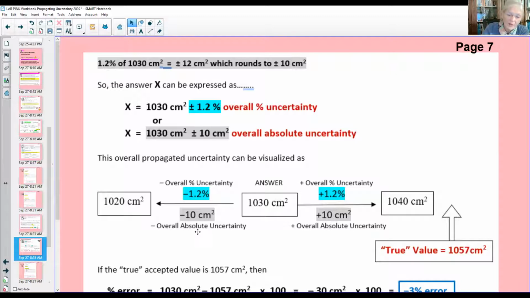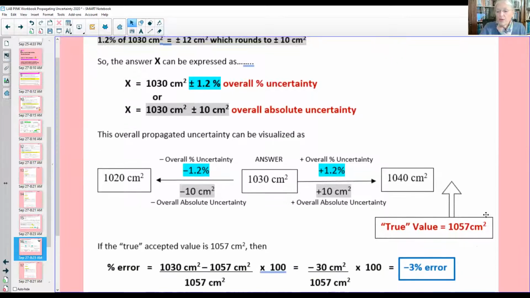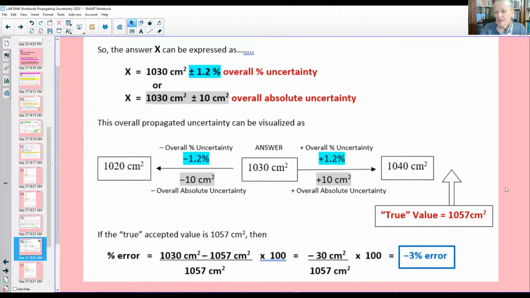Plus and minus on each side of this visual, such that you can take your calculated answer and add the overall absolute uncertainty and subtract the overall absolute uncertainty, and get the width of your error bar. Here I point out that the true value might be 1,057 centimeters squared. This true value would be outside the error bars, and that tells you something about analyzing your results.